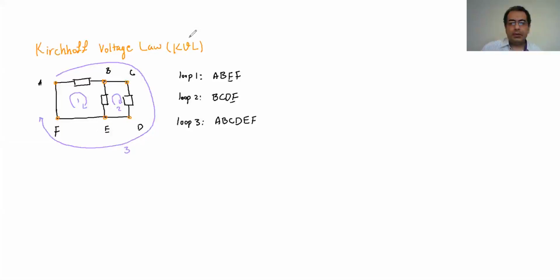Now, what Kirchhoff's voltage law says is that in every loop, no matter which loop or how you rotate in that loop, if you add all the voltages together, it's going to come to 0.